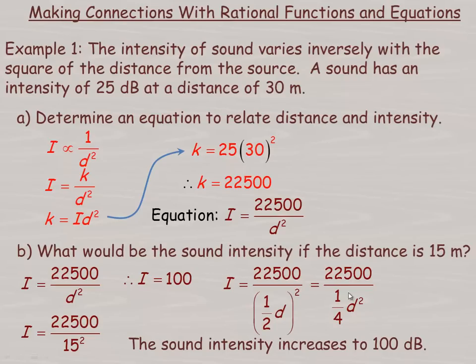And when you divide by a fraction or a rational number, it's the same as multiplying by the reciprocal. So this is actually equivalent to the reciprocal of a quarter, which is 4 over 1, or 4, times 22,500 over d squared. Well, this is the original intensity of 25 decibels. So 25 times 4 should give you 100. So just a little different way to look at it.